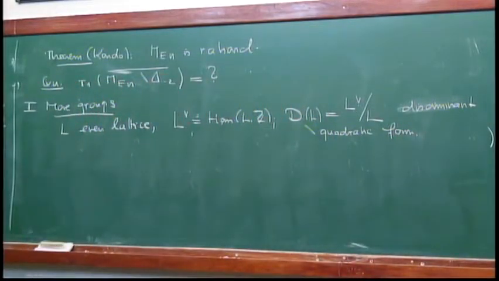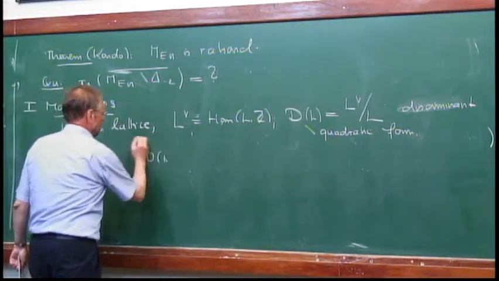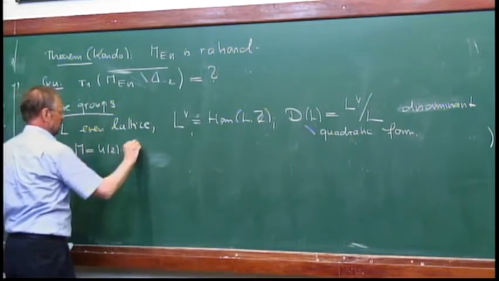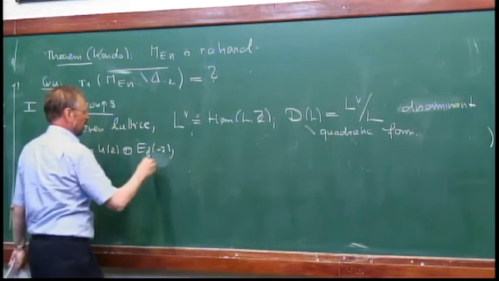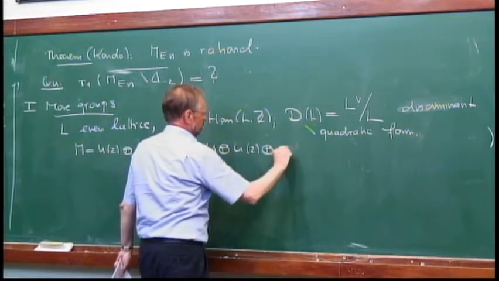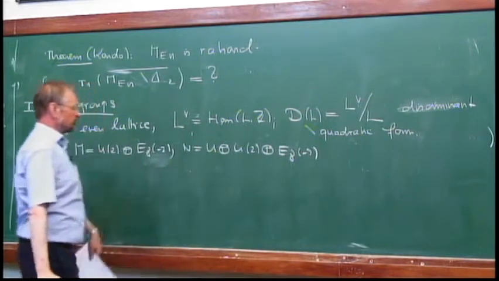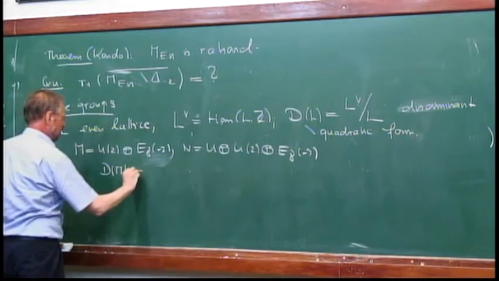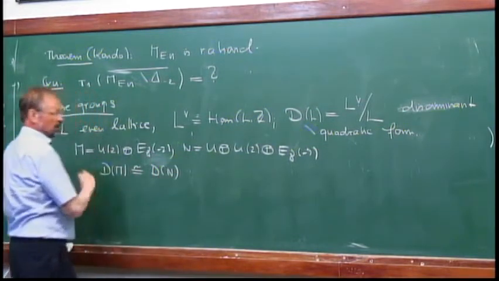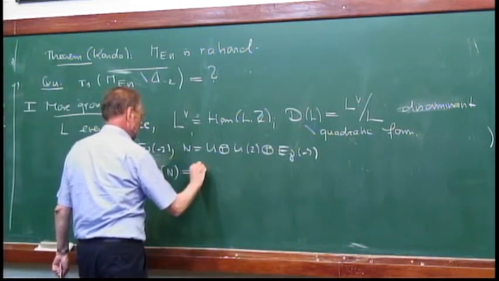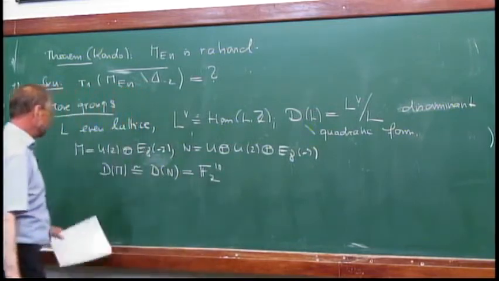Let me write it down for M and N. The two lattices which I was looking at are U^2 plus E8(-2), and N was U plus U^2 plus E8(-2). And of course, you see that in this case, the D_M and the D_N are naturally identified. And this is F_2 to the power of 10.